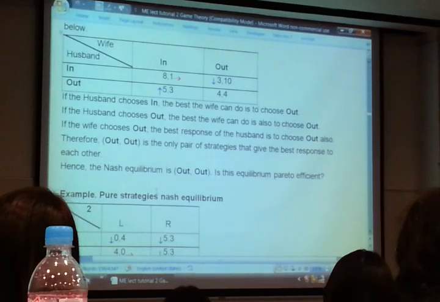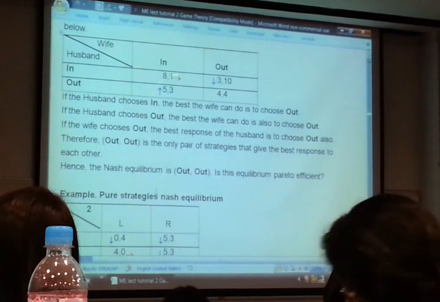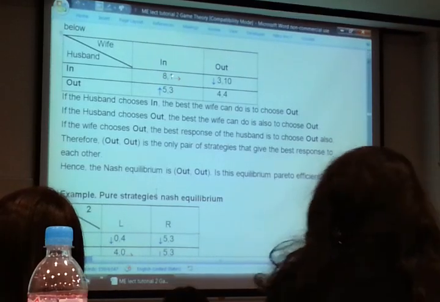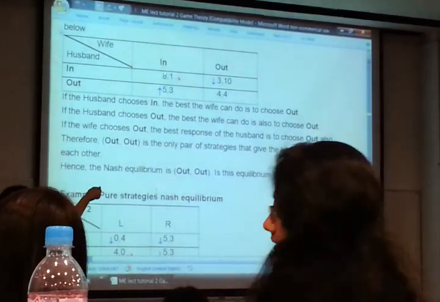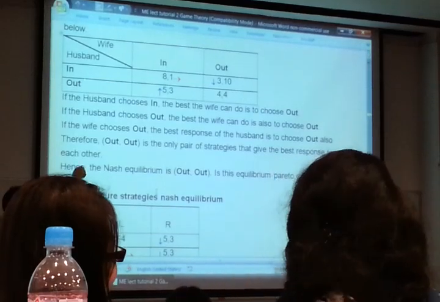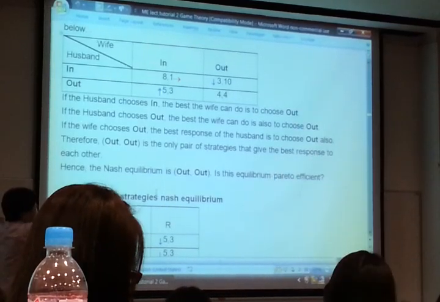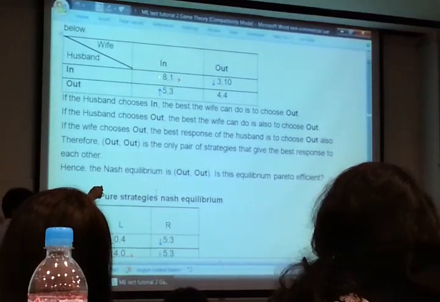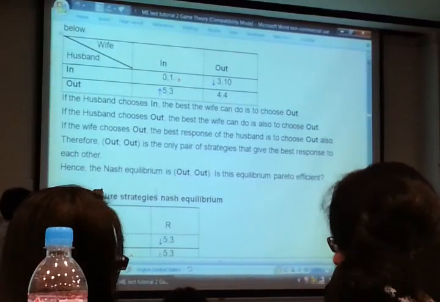Right. Now here, can In be the pure strategy Nash equilibrium? Possible. Why? Because the row player, do you think he wants to change strategy from In to Out? The row player can move up and down, right? Do you think he wants to go from 8 to 5? No. Then can the equilibrium be here? Why not?